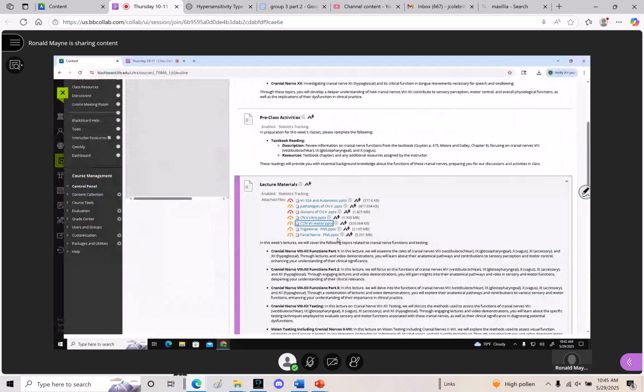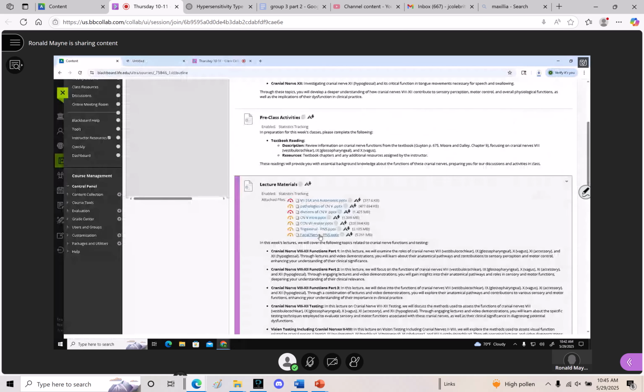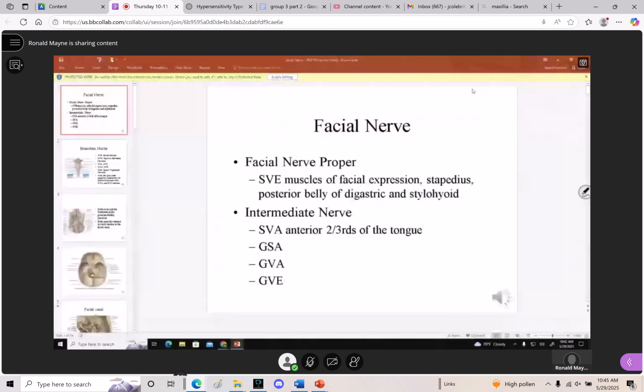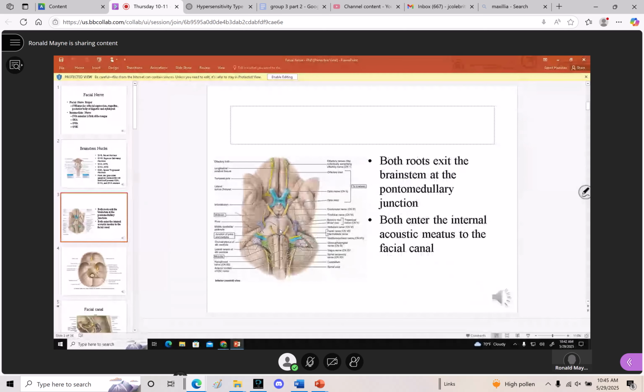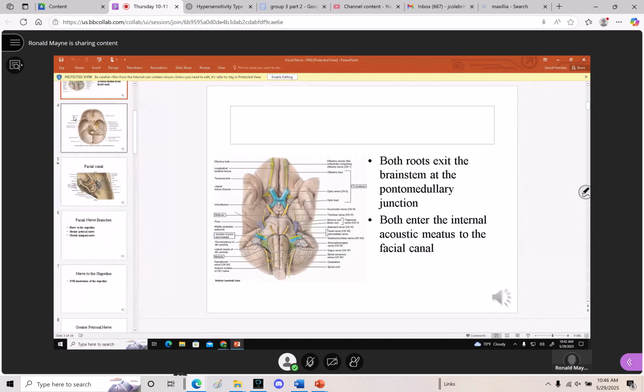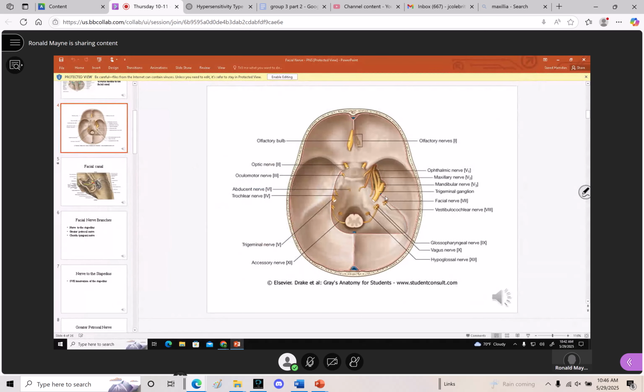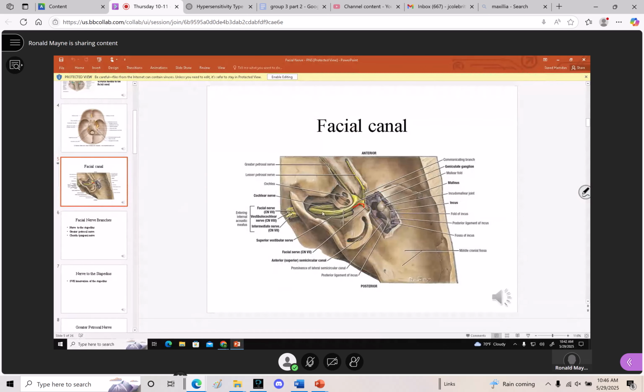I did mention that I put another set of slides up. We wouldn't have near enough time to go through it. But it's similar pictures. It goes into more detail about where the nuclei are, where the nerve is, inside the bone.